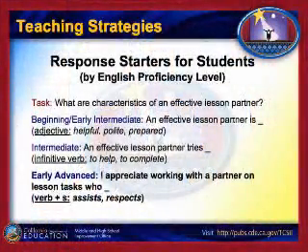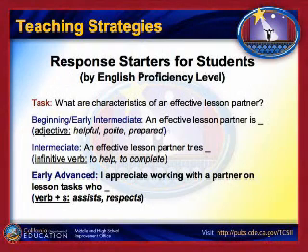An example at the early advanced level might be, I appreciate working with a partner on lesson task who, and what needs to come after this is the third person singular verb, who tries, who respects, who assists, who enables.